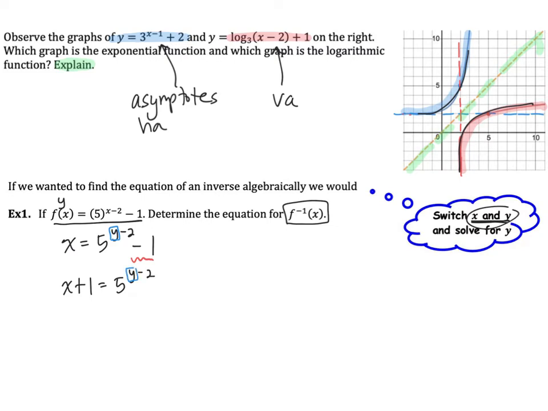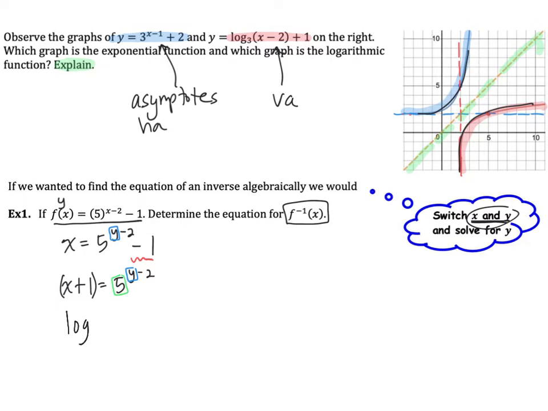Remember, I'm trying to isolate this y. That y is an exponent. The only way I can isolate an exponent is to rewrite this in logarithmic form. This is exponential form, 5 to the power of y minus 2 equals x plus 1. So I have log base what?